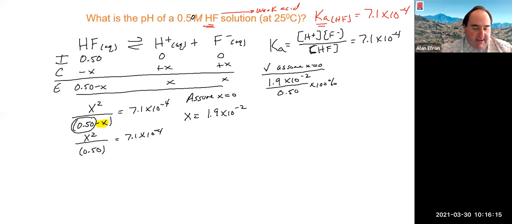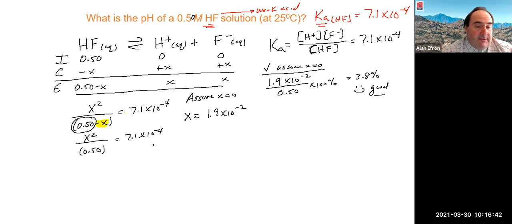If we do that, it looks like we're at like 3.8%, which means this is a good assumption. Remember, we're going to be using the 5% rule here in this class, so that's good, but always important to check it, especially in acids and bases. You'd be surprised how many times it might not work for you.